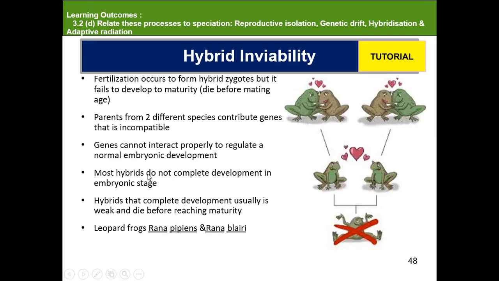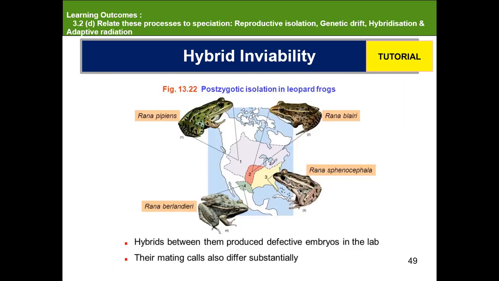Hybrid inviability: fertilization occurs to form hybrid zygotes, but they fail to develop to maturity. Hybrids between them produce defective embryos in the lab.